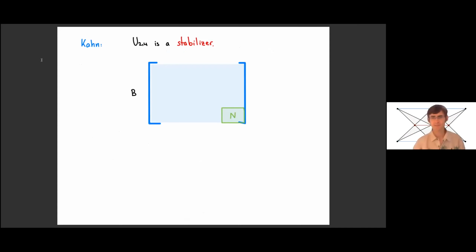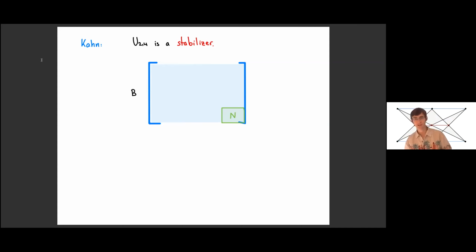The nice thing about that is that U24 is the stabilizer for the class of GF4 representable matroids. And what that means is that if you tell me the representation of a U24 minor within a 3-connected matroid, the representation of the U24 minor essentially determines the rest of the representation uniquely.